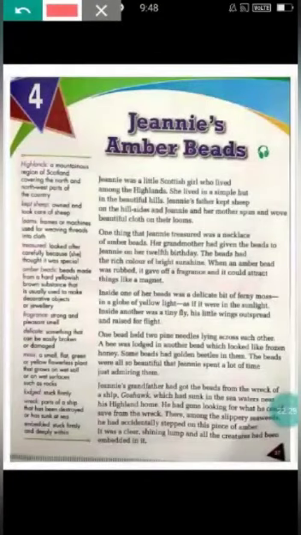Let us try to identify a few compound nouns from the sentences, like hillsides, hill plus side, hillsides. Next, sunlight. Next, seaweeds. So sea plus weeds. Sea is a noun, weeds is also a noun, right? So like this, try to identify the compound nouns from the sentences, children.